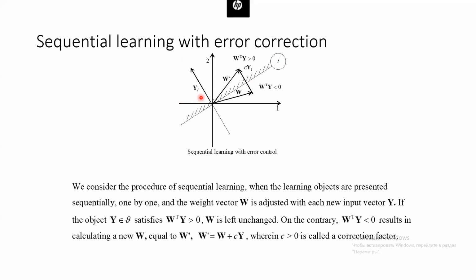We take the next y, calculate the projection. If it's greater than 0, we take the next observation. If it's less than 0, we correct our weight vector and go to the next element, again and again. In the ideal situation, for all our observations, all our y's, we will have positive projections, but in real life, it's impossible.